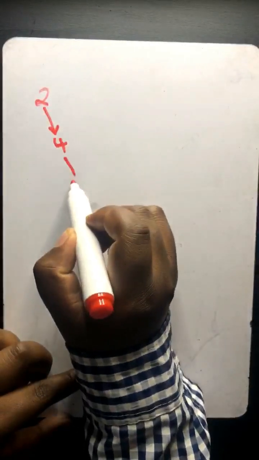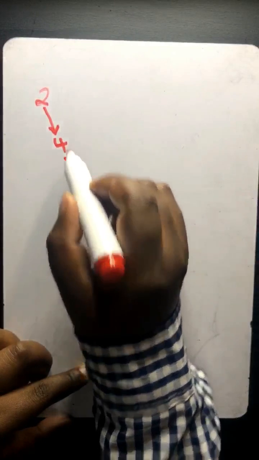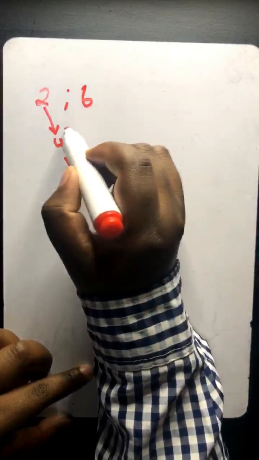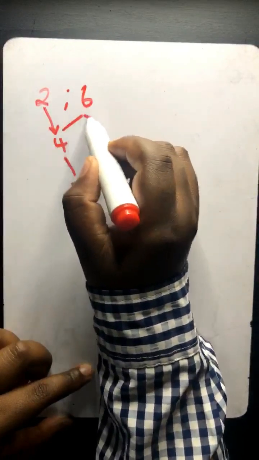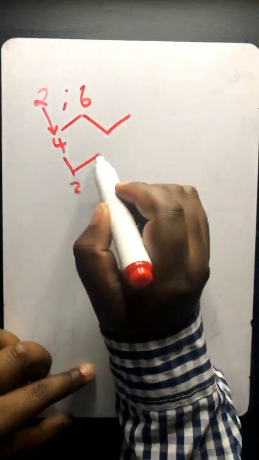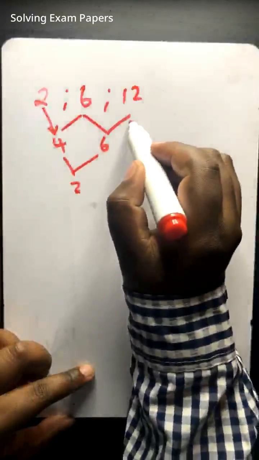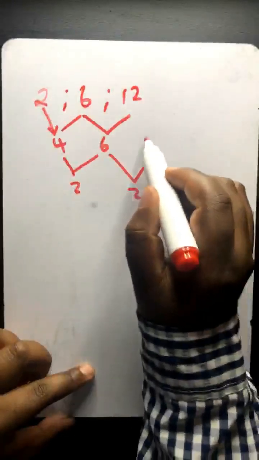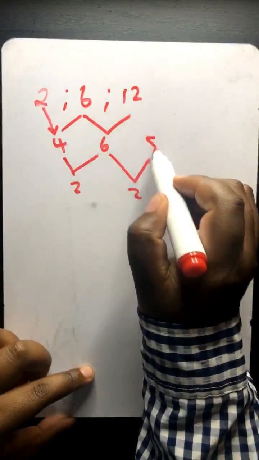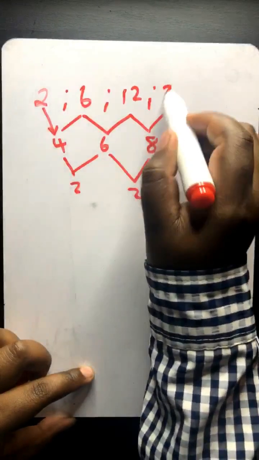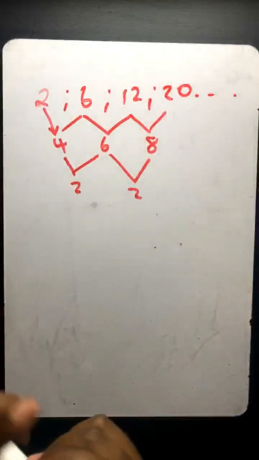That plus that gives 4, and then that plus that gives 6. What is 6 plus 6? It's 12. And then it has to be 2. What is 2 plus 6? We're having 8. What is 12? Then we are having 20 there. So that's how they set a number pattern for quadratic.